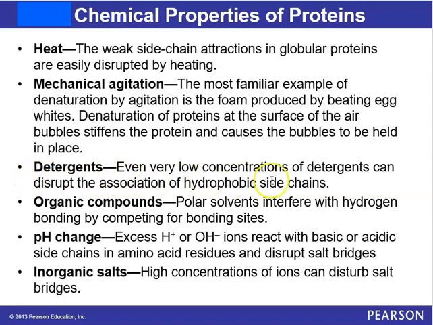Detergents and organic compounds can interfere with the side chain interactions. pH changes in your stomach can also disrupt interactions and break bonds apart in the secondary, tertiary, and quaternary structures, and high concentrations of salt can disturb the salt bridges and ionic interactions of the side chains.